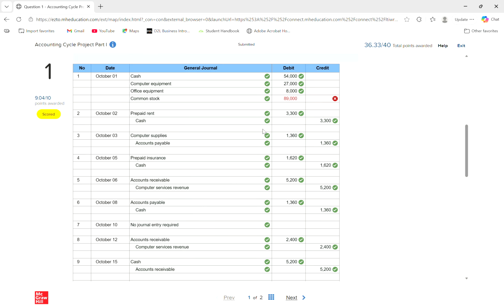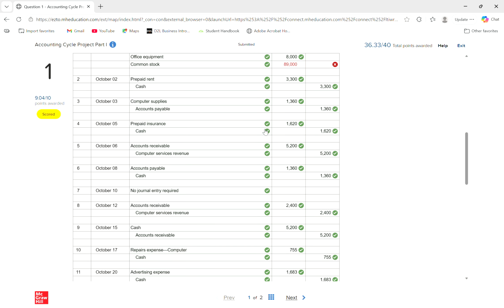When services were performed on account, I debited accounts receivable and credited computer services revenue, because revenue increases equity. When cash was collected from customers, I debited cash and credited accounts receivable.